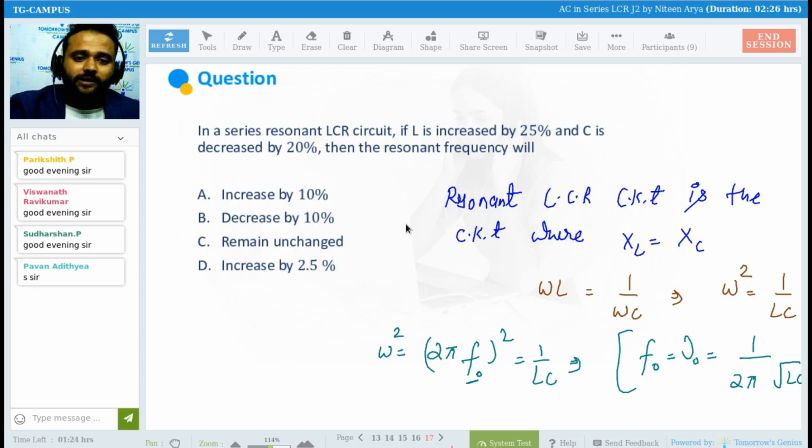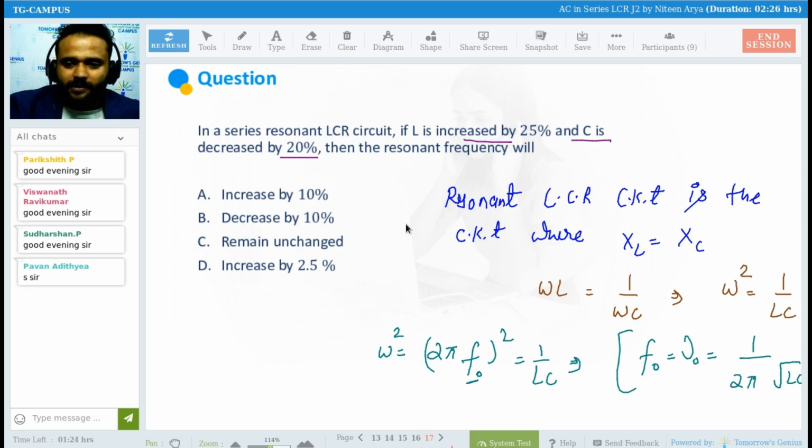Now what they ask in a series resonant circuit is, if L is increased by 25% and C is decreased by 20%, how much will the resonant frequency change? Clear, everyone? Clear?